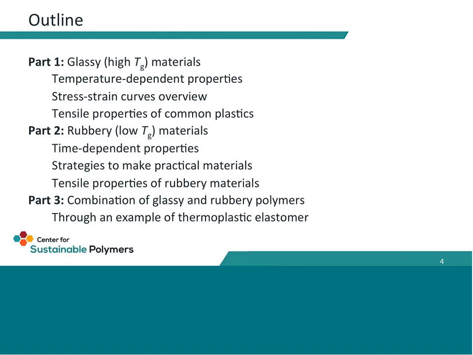In the second section, we're going to look at rubbery materials and how their properties are dependent on time, and then look at some strategies of how to make these materials actually applicable to everyday use, and how those rubbery materials that we know and use a lot relate to mechanical properties. In the third section, we're going to combine these glassy and rubbery polymers and talk about some efforts that we're doing in the CSP to make thermoplastic elastomers.